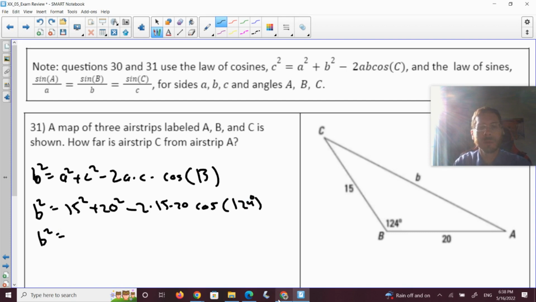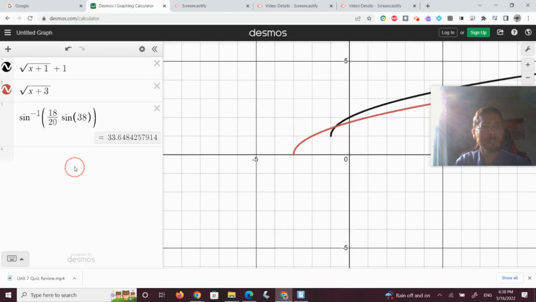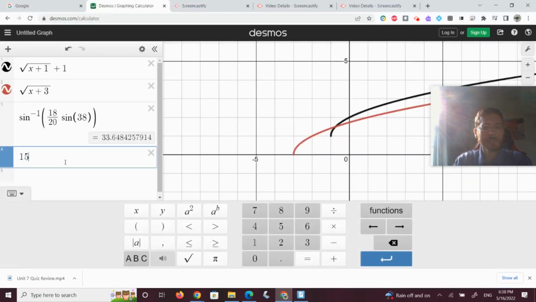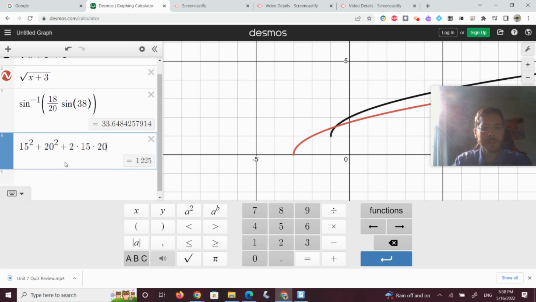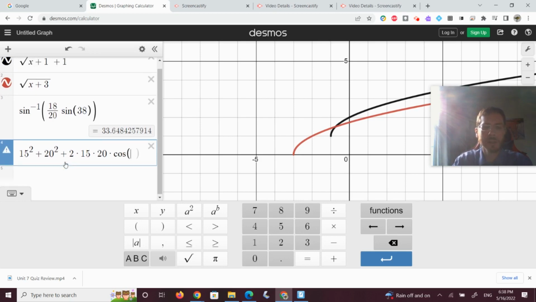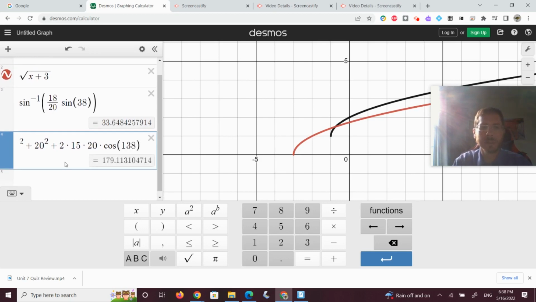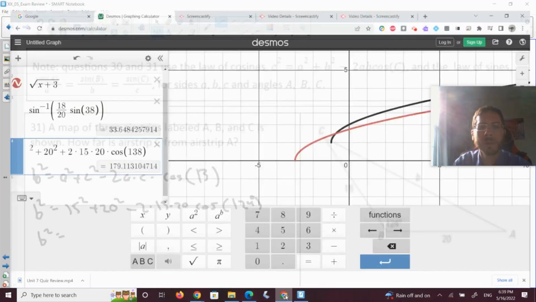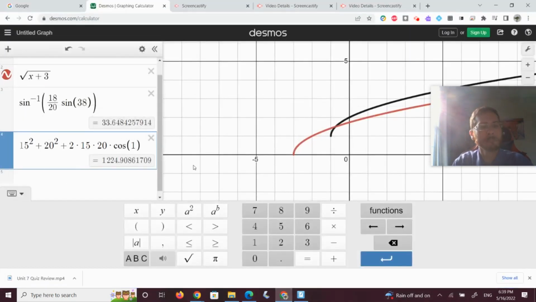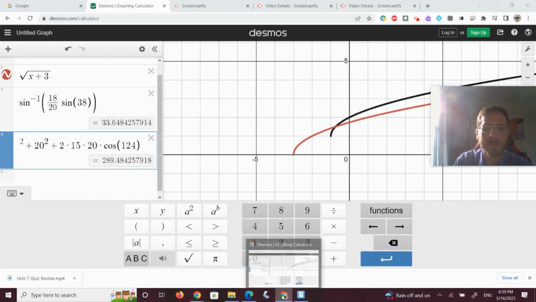We're just going to type all that in. So 15 squared plus 20 squared plus 2 times 15 times 20 times the cosine of, I thought it was 138. Let me double check. Nope, 124. Way off. And so we get 289.5.